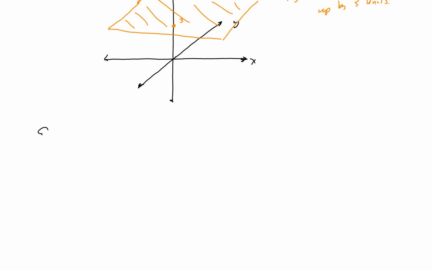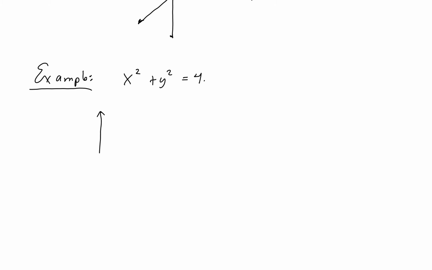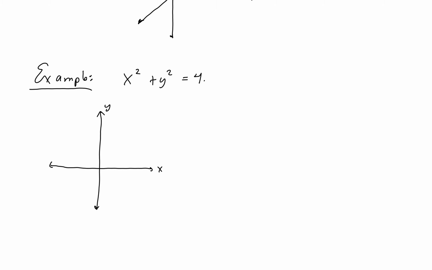Let's try another couple more examples here for pictures. Let's look at x squared plus y squared equals 4. Now if we're just graphing this, there's no z in this, so there's no restriction on the z. If we were to think about what this would look like just in the xy plane, this would just be a circle of radius 2.